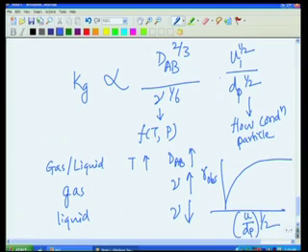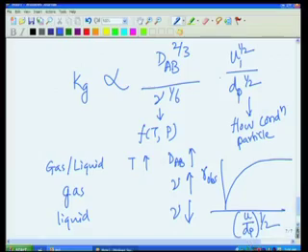What does this behavior mean? If our reaction is controlled by kinetics, that means mass transfer is very fast. So, if mass transfer is very fast, even if you increase u by dP more, the mass transfer rate is going to be even more, but that is not controlling. What is controlling is the reaction rate. So, u by dP has no influence on the observed rate if the reaction is kinetically controlled and not mass transfer controlled.